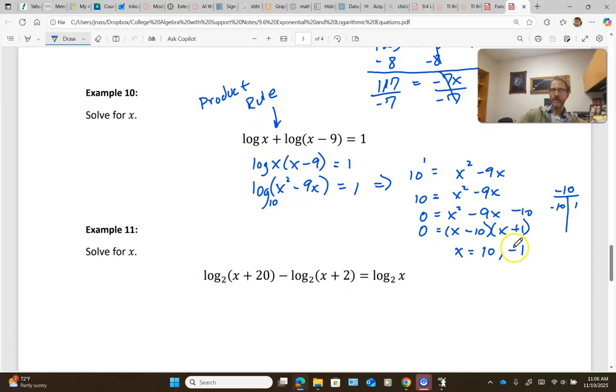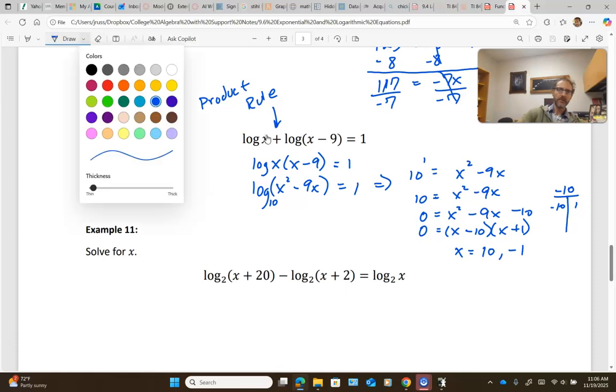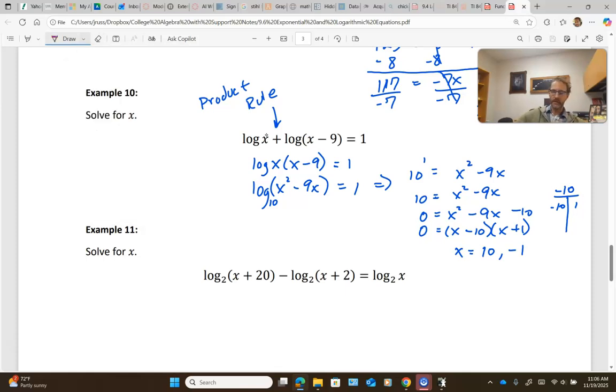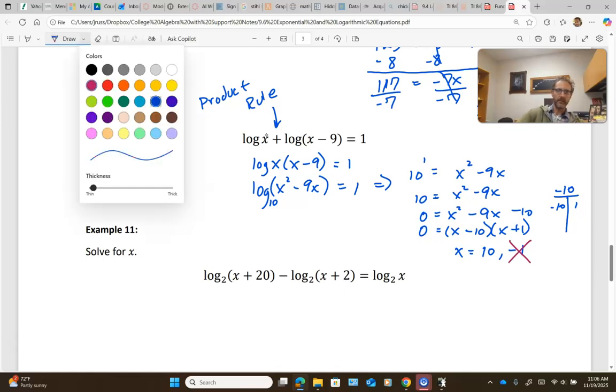But if we plug in negative 1, then we've got a problem. Because negative 1 minus 9 is negative 10, so then I'll be trying to take the logarithm of a negative number, and we can't do that. And furthermore, if I plug negative 1 in for this x, then I'll be trying to take the logarithm of a negative again. Okay? So it's a bit of a coincidence that we have to throw out that negative number.